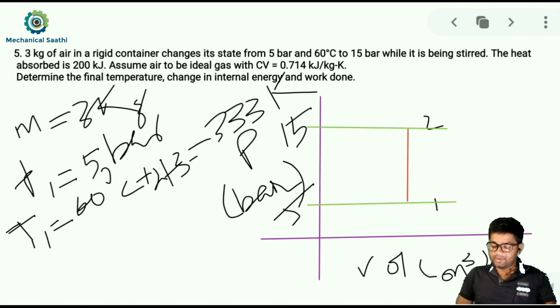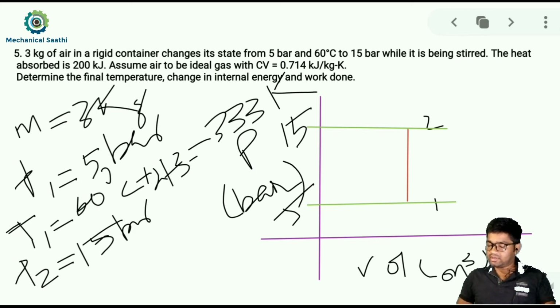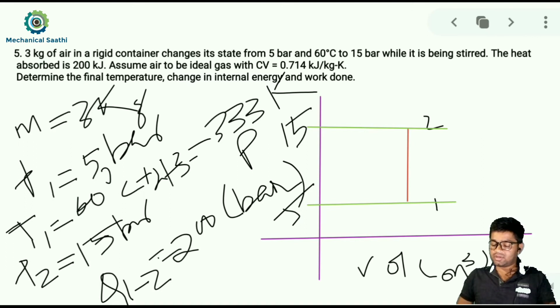And P2 is given as 15 bar, and the net heat interaction Q1 to 2 is given as 200 kilojoule. And the Cv value is given as 0.714 kilojoule per kg Kelvin.